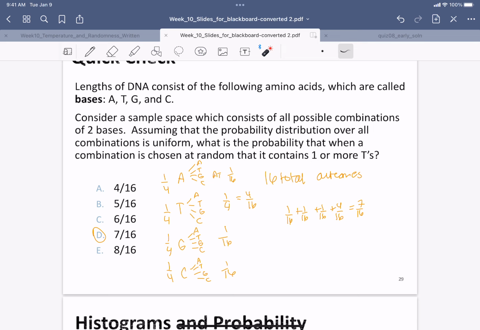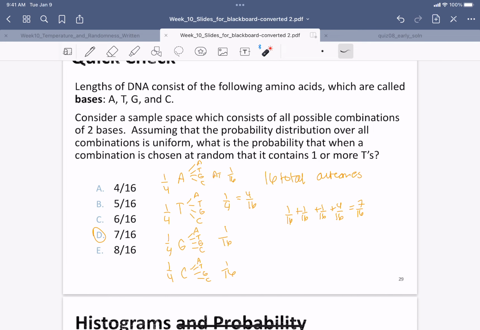But this takes a long time, and I don't think they would pull this on an exam. I know they never did for us. I think they just want you to understand the concept. So if they were looking for 2 bases, we know that 2 bases is 2 slots. So if I have 4 outcomes in the first base, I can either get ATGC. If I have 2 bases, that's 16 total outcomes, right?